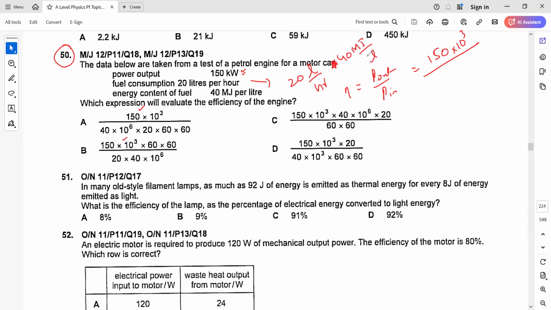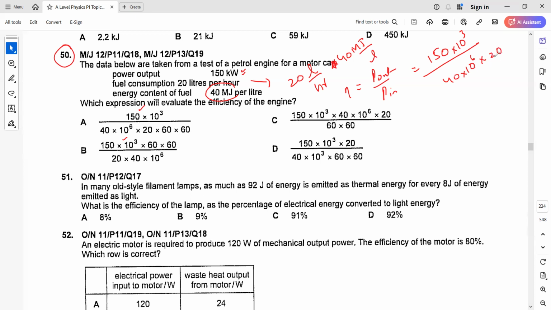So the total energy supplied would be, per liter, my fuel is going to give me 40 megajoules, so that's 40 times 10 to the power 6 per liter. And fuel consumption is 20 liters per hour, so that's 20, and that's per hour.